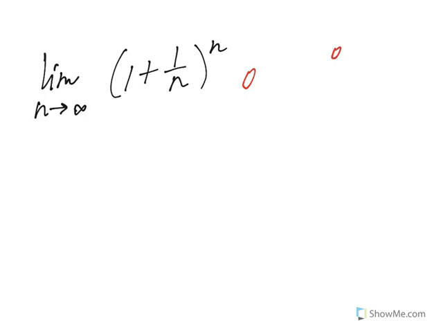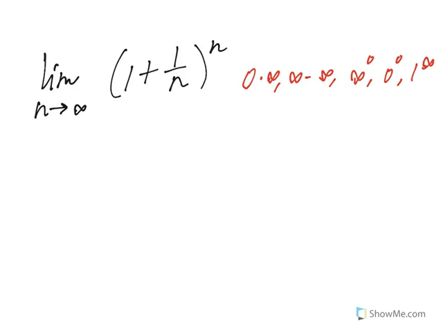You've got 0 times infinity. You've got infinity minus infinity. You've got infinity to the 0, and you've got 0 to the 0, and then, of course, 1 to the infinity. You'll be using L'Hopital's rule in Section 8.1, just like you did in Section 7.7.